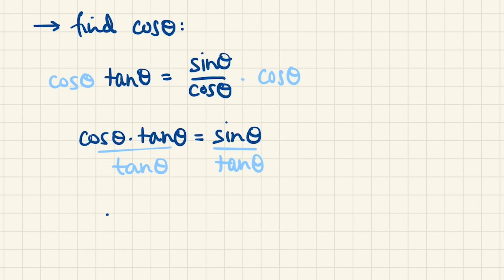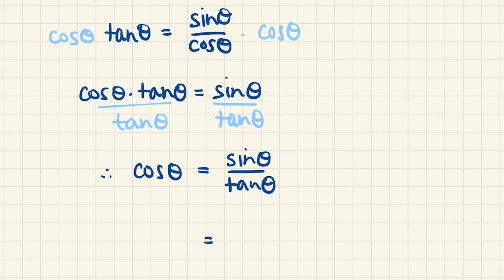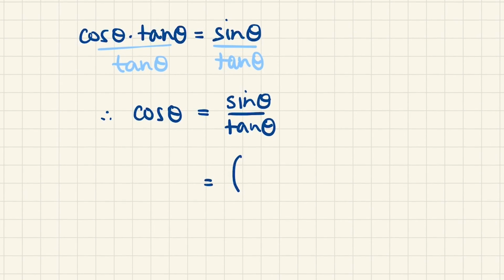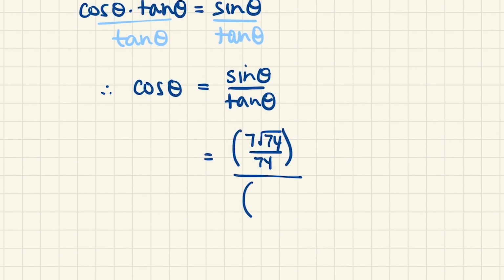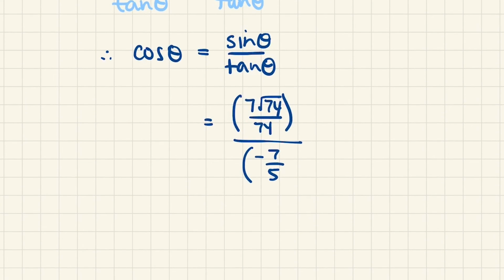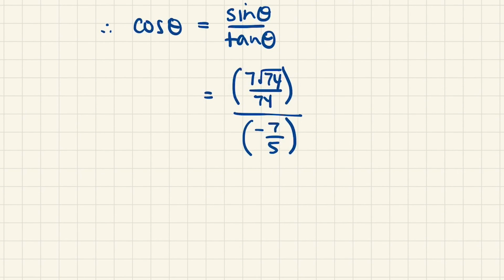And so we get that cosine of theta, which is what we're after, is sine of theta divided by tangent of theta. And we have both of those ingredients. In fact, sine of theta was 7 rad 74 over 74, and tangent of theta was negative 7 over 5. So we just have to clean that up.